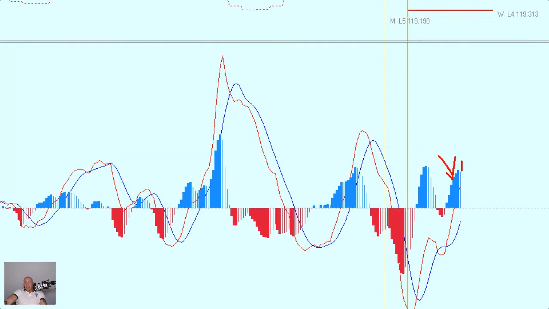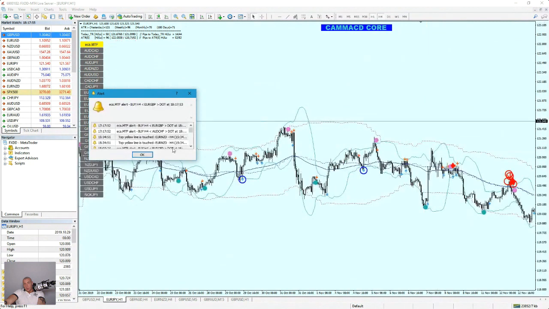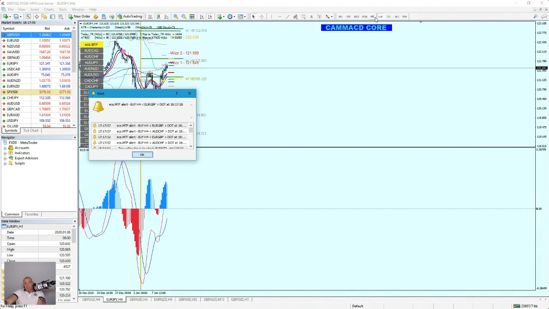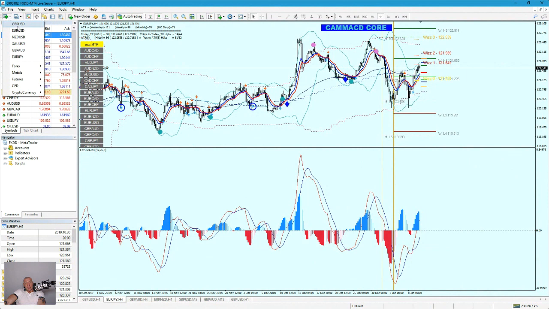So it means that here on the 4-hour time frame, the trend is to the upside, but we are having a small retracement. If we drop to the 1-hour time frame, I don't see my MACD here because it's set to show only 4-hour. I will quickly open the chart. Let's say the gold chart, for example.